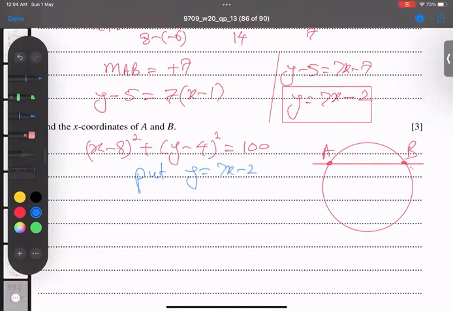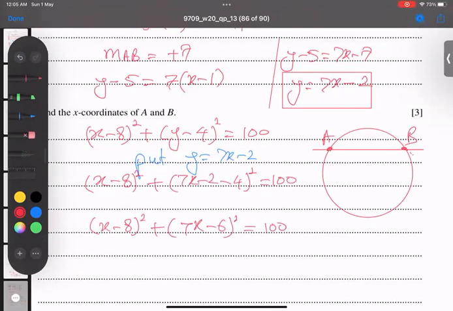And I need only the x coordinate, so it means easy for us. Here I have (x minus 8) whole squared, and y I'm replacing by 7x minus 2, and minus 4 already there. Here I'm getting (x minus 8) whole squared, here I'm getting (7x minus 6) whole squared equal to 100.